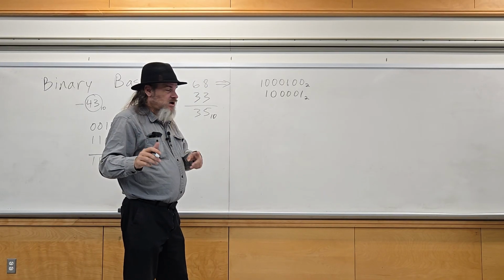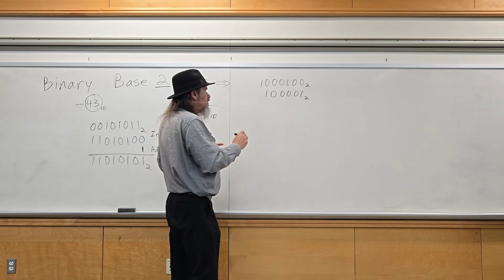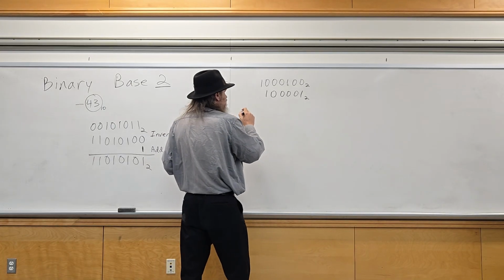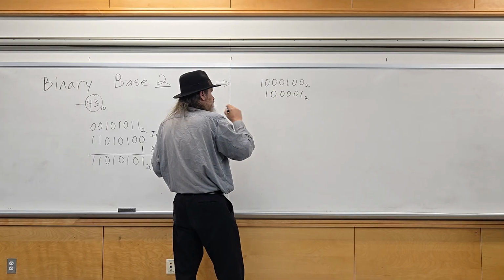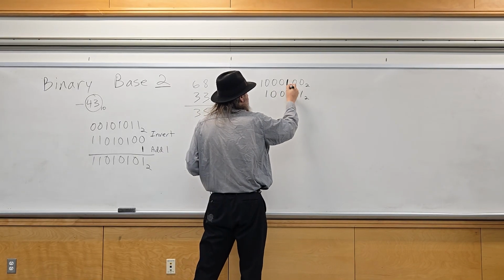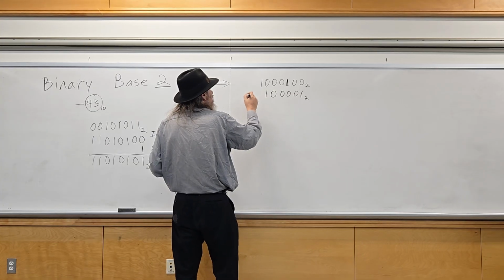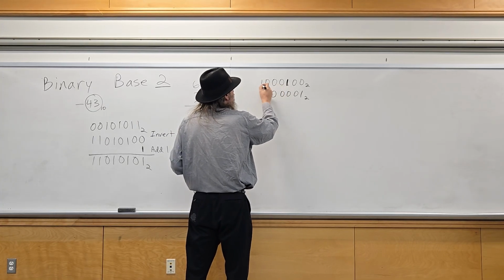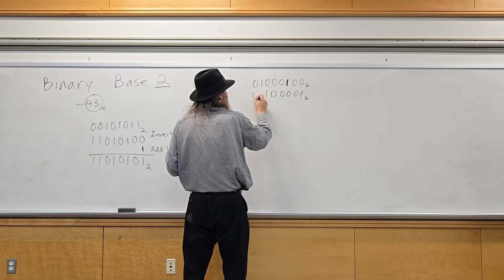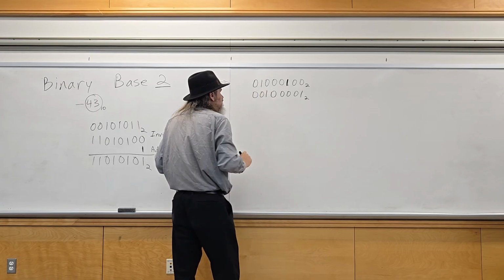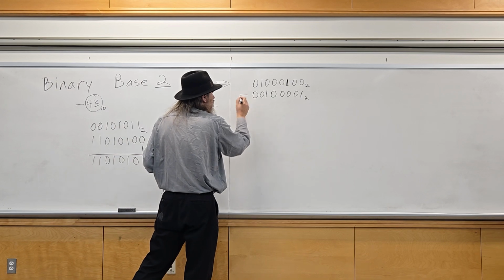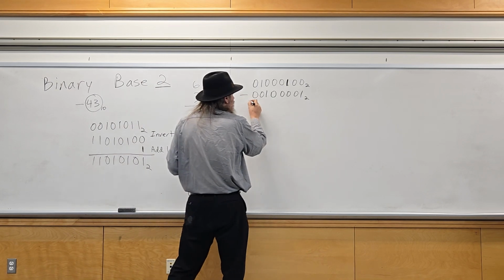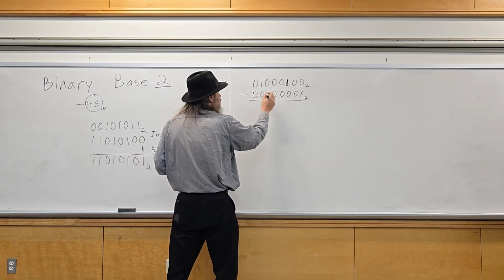Or you can make these 2's complement numbers, and make this a negative number. So there's 7 bits, so make it 8. So you're wanting to subtract this number from that number.